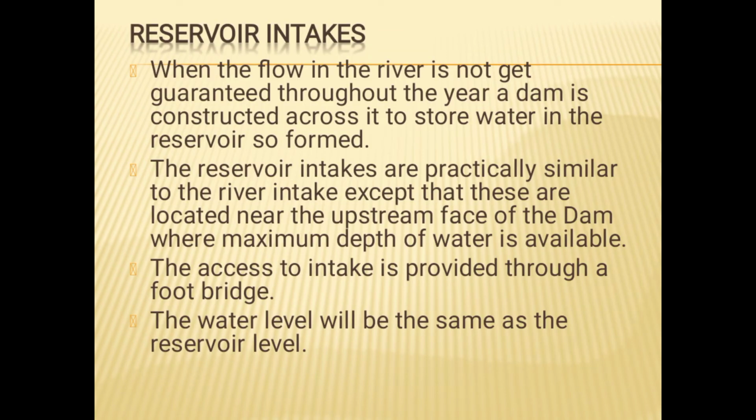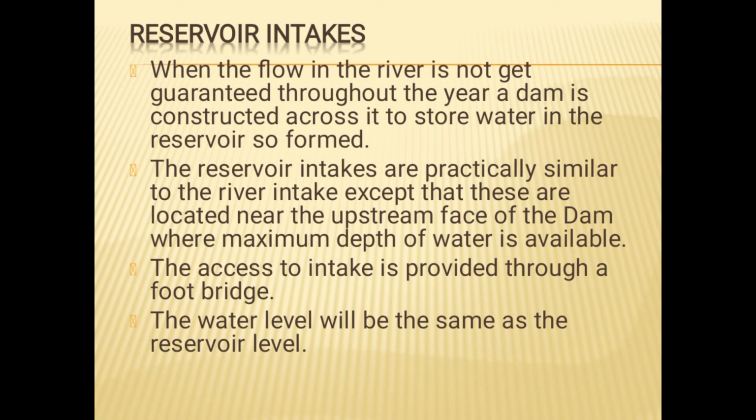Then reservoir intake. When the flow in the river is not guaranteed throughout the year, a dam is constructed across it to store water in the reservoir so formed. Reservoir intakes are practically similar to river intakes, except that these are located near the upstream face of the dam where maximum depth of water is available.